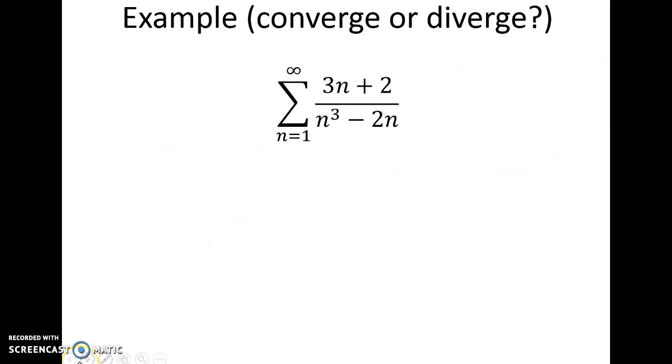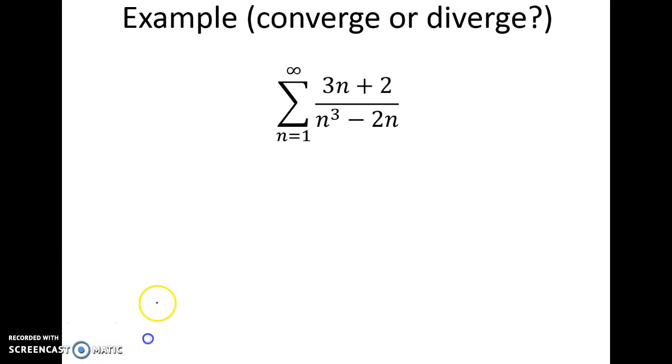All right, so try this example. Try to come up with a series that you can compare it to, and then after you've found a series, then you can use the limit comparison test to see if this one converges or diverges.